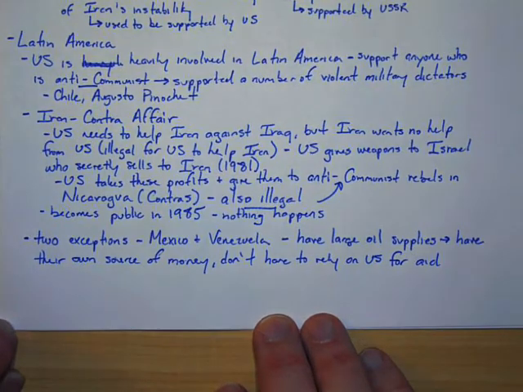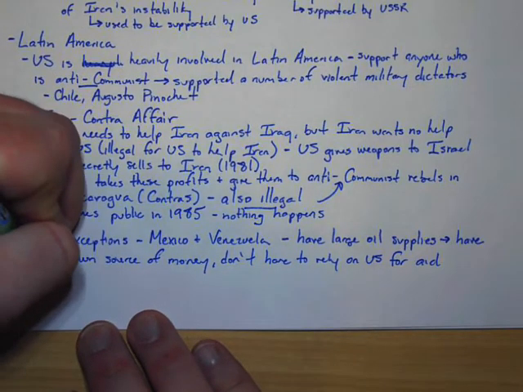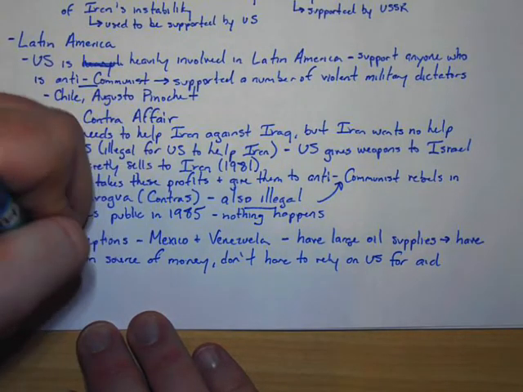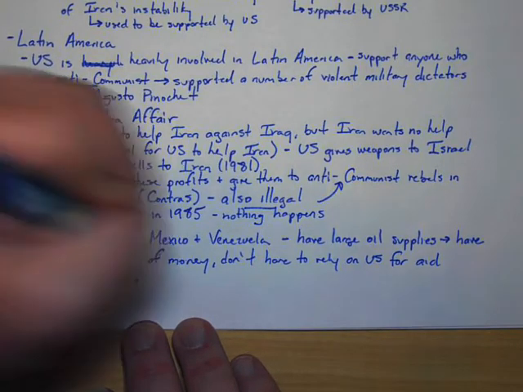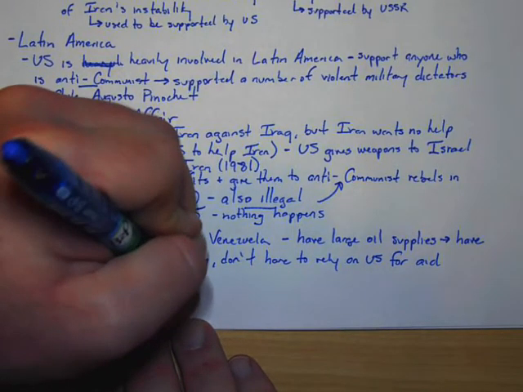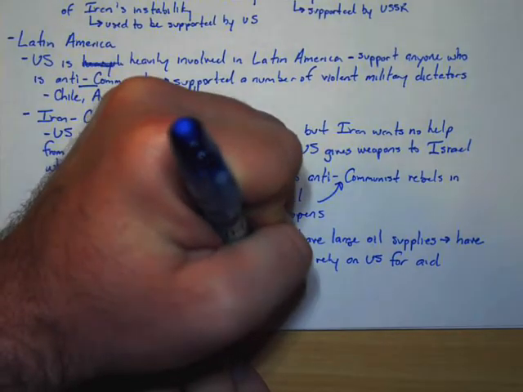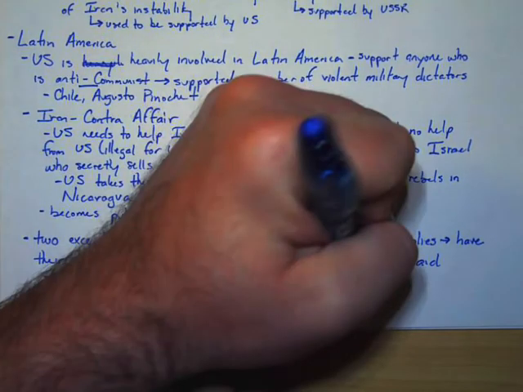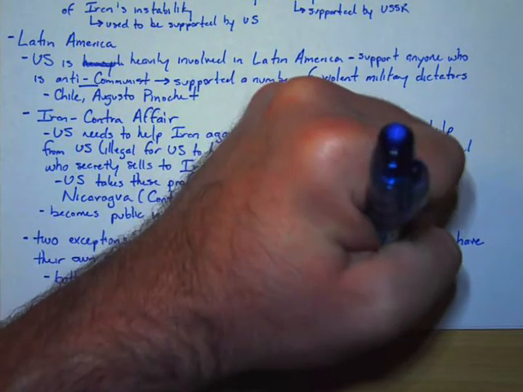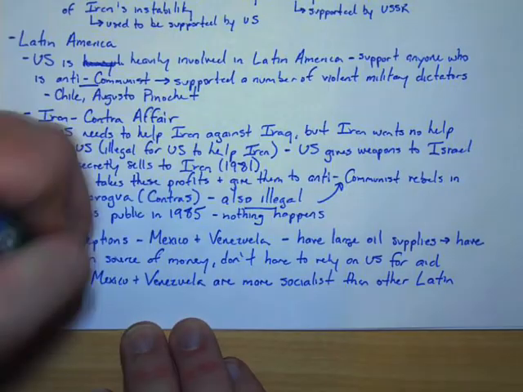They sell their oil, and that's how they make a lot of money. And because of this, both Mexico and Venezuela are more socialist than other Latin American countries.